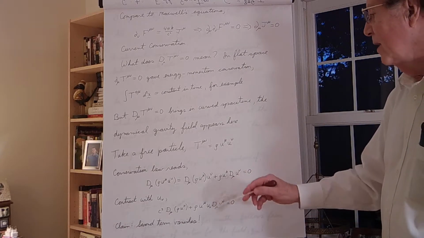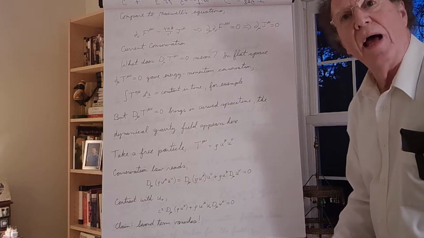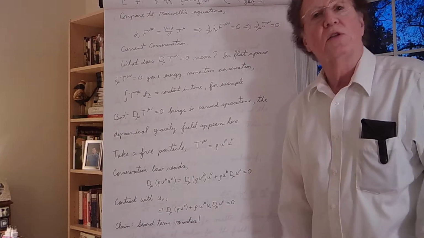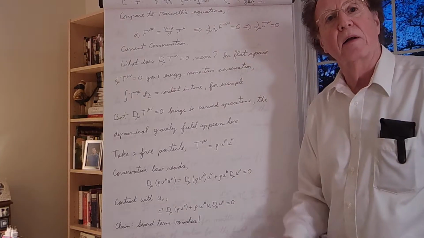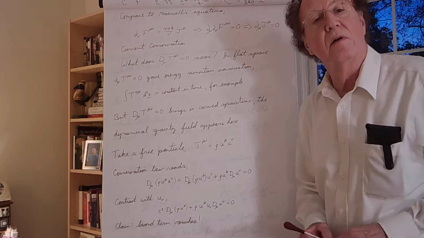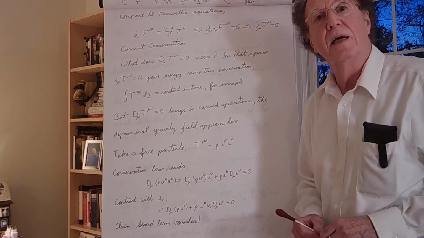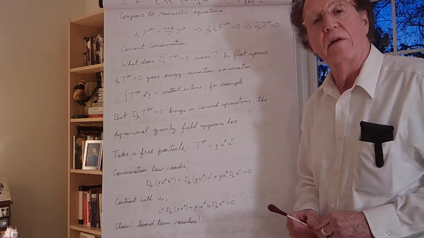Its length is c squared. How do I know that? I just take the particle and view it from the perspective of its inertial reference frame, so it's at rest in an inertial reference frame.